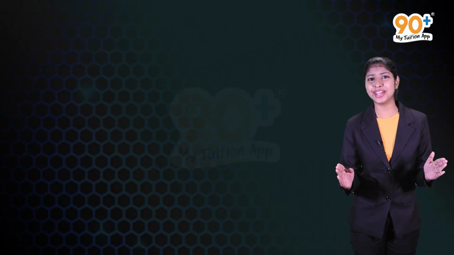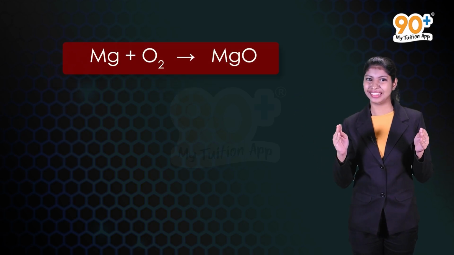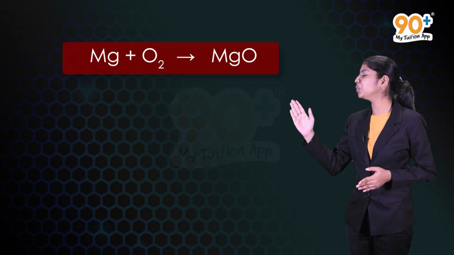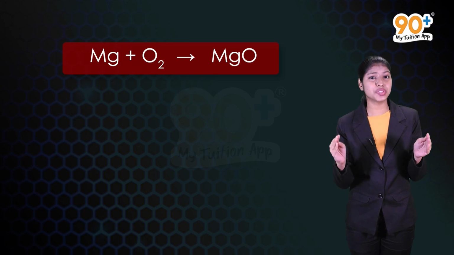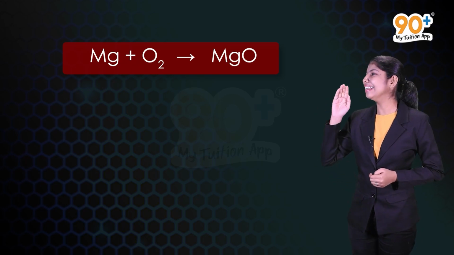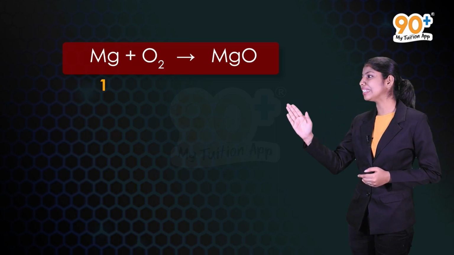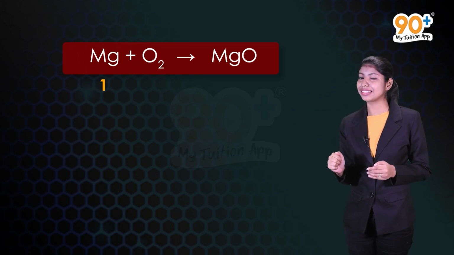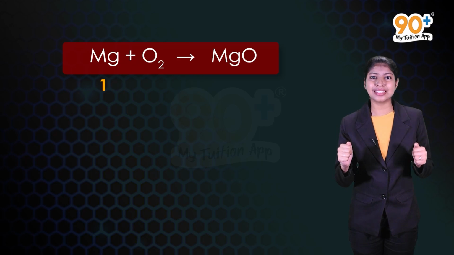Now let's try to balance this equation, that is Mg + O2 gives MgO. So you tell me how many magnesium is present on the LHS? Yes, there is only one magnesium on the LHS. And what about the RHS?